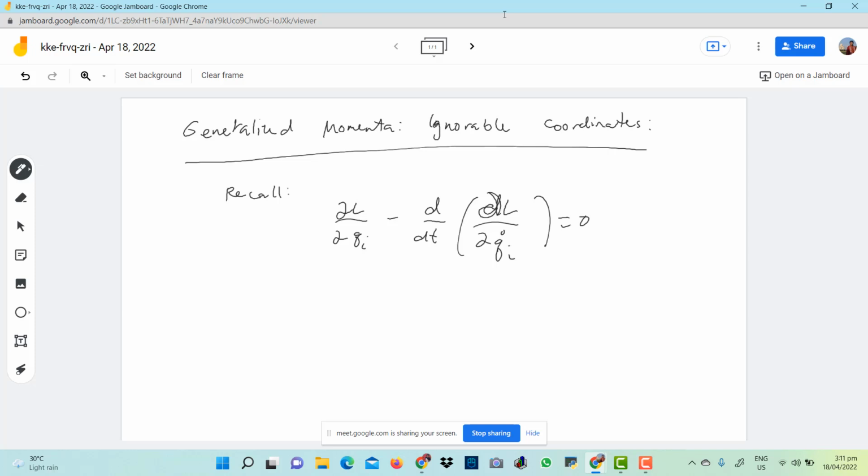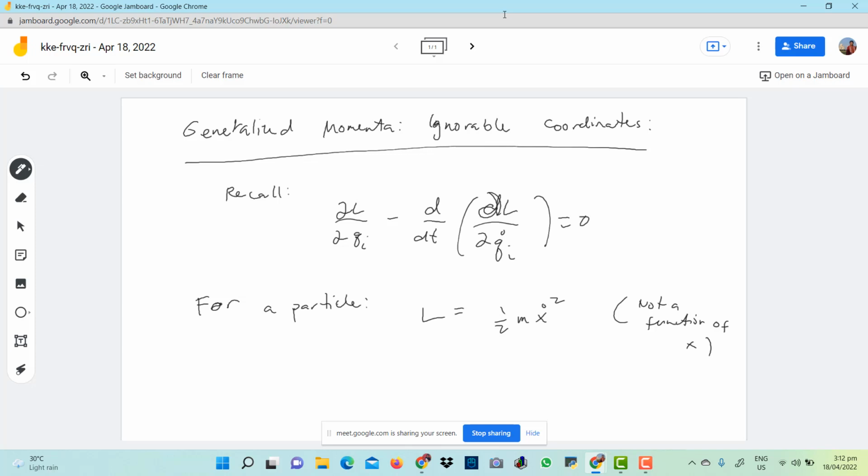So, take note for a free particle, ang atong Lagrangian, the Lagrangian is just equal to only the kinetic energy, right? 1/2 m (x dot) squared. It's not a function of x, position x, but a function of velocity.